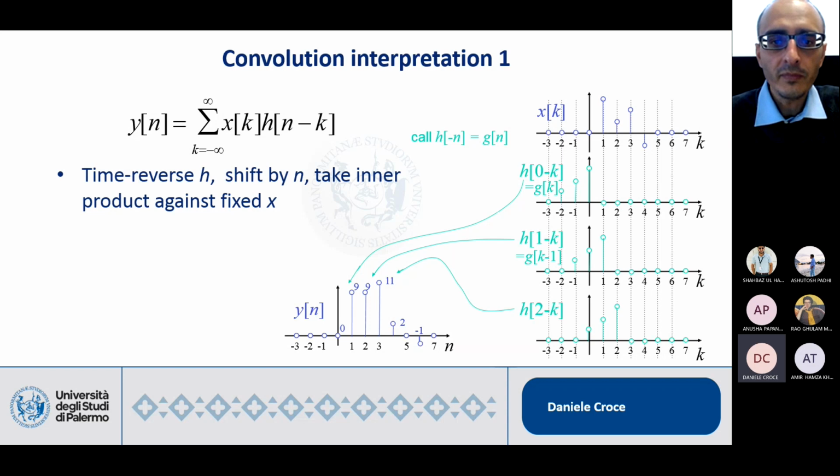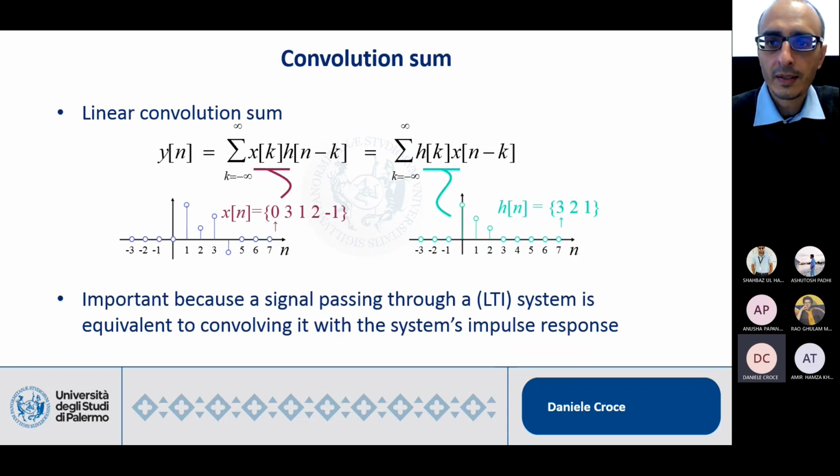Okay. Then to compute the third element, you shift by one more, and you have the second element of x of k, and then again multiplied by h of 2 minus k. So you have 3 times 1, and then the second, which is 2 times 1, if I'm not wrong.